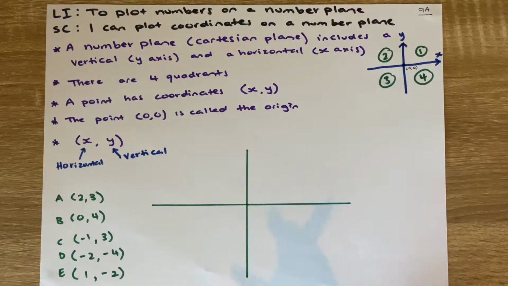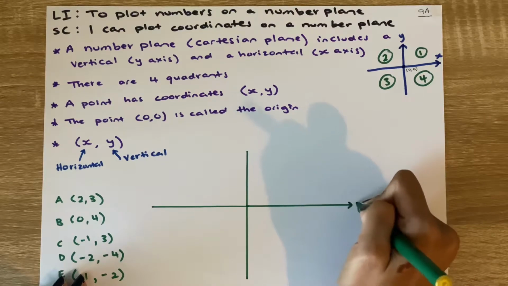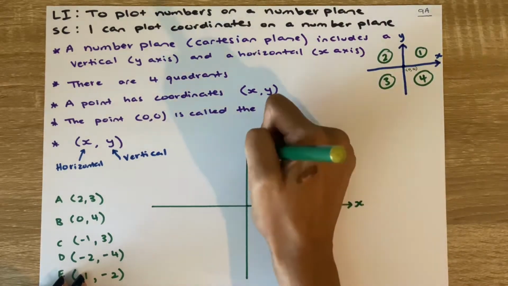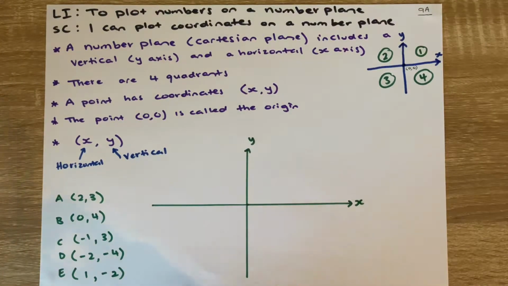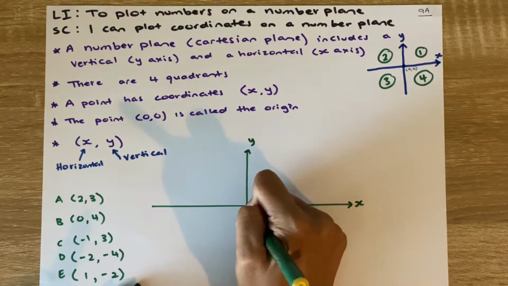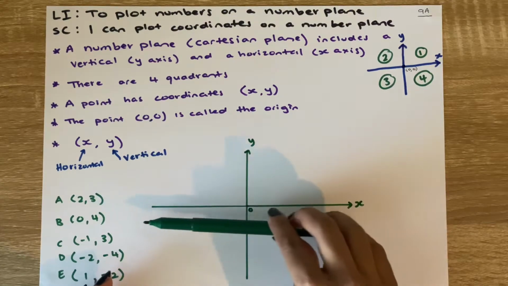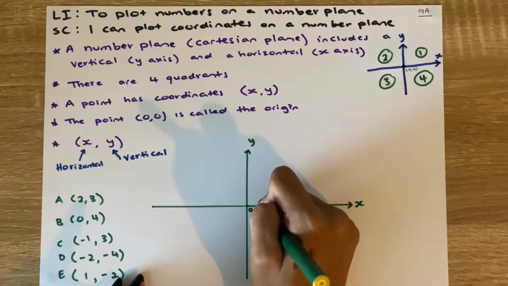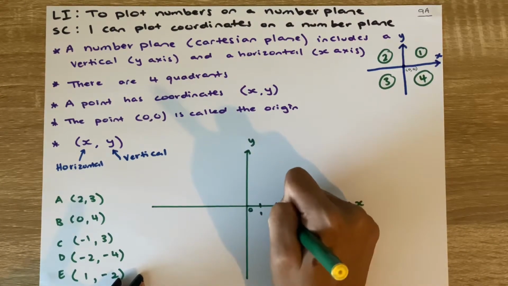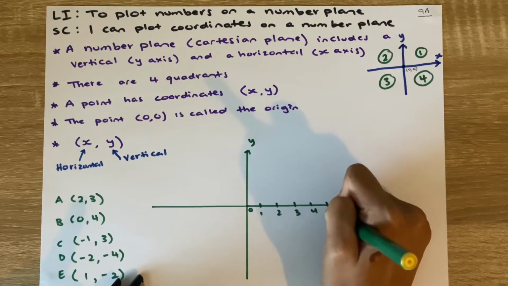So in order to do that, we need to draw up our Cartesian plane where our horizontal was our x values and our vertical was our y values. So starting at the origin, which we know is 0, all right, if we think of a normal number line, let's start off with our horizontal. Our numbers to the right of 0 are always positive. So let's go 1, 2, 3, 4, and 5.